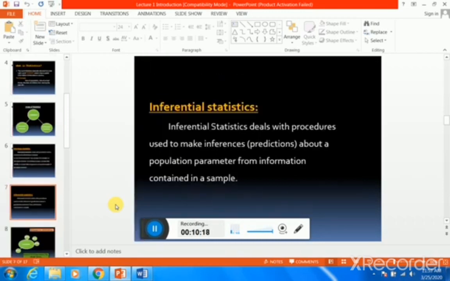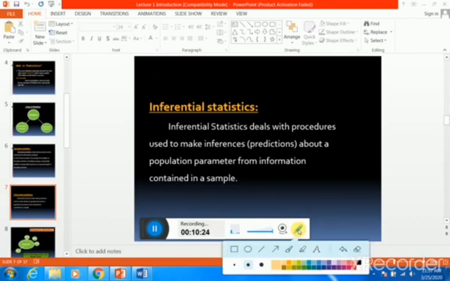After that we have another type which is known as inferential statistics. Look at the word inferential. It basically means making conclusions, drawing conclusions, making a result for the population data, simply stated the parameter, on the basis of the sample study.